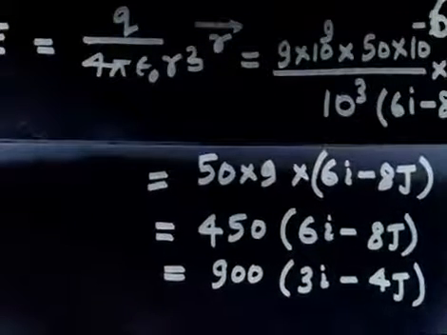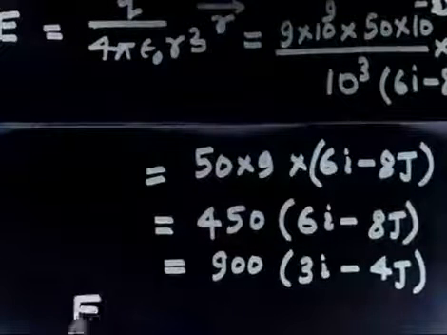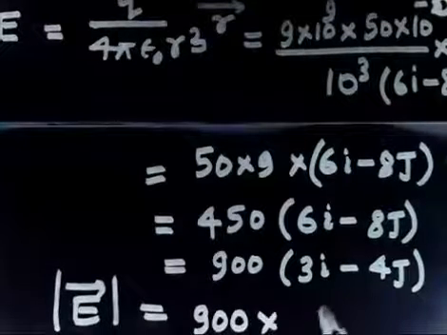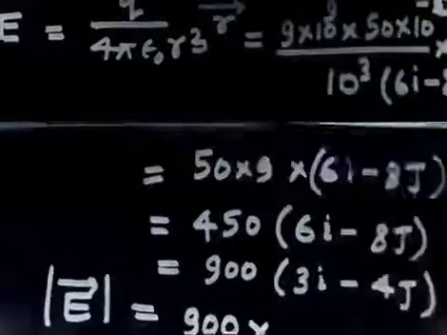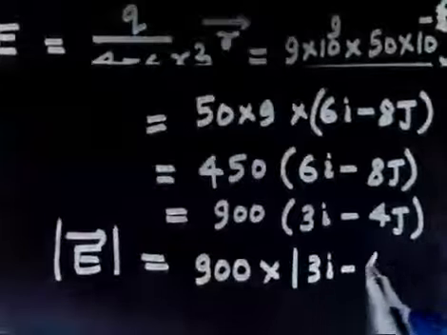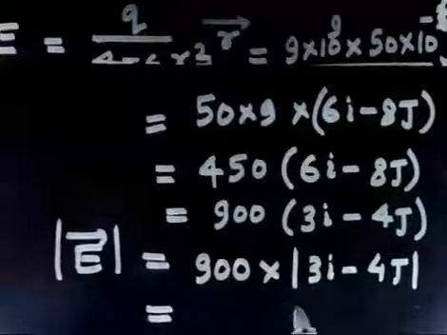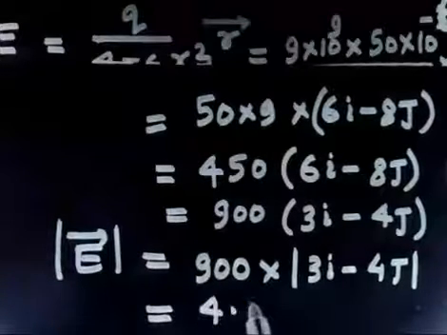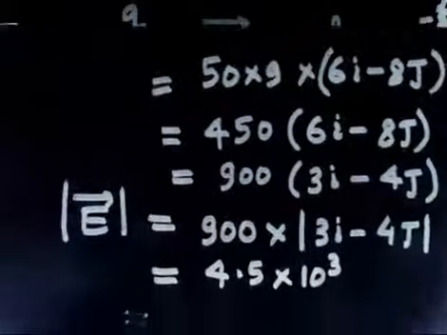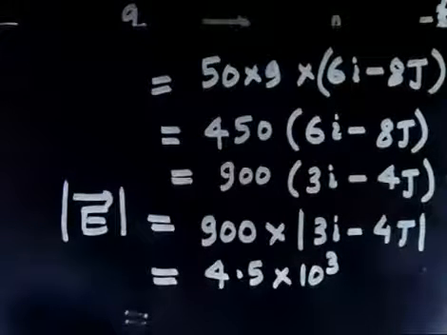If somebody asks for the magnitude of this electric field, it is 900 times the magnitude of 3i minus 4j. The magnitude of 3i minus 4j is the square root of 3 squared plus 4 squared, which is 5. So 900 into 5 is 4500, that is 4.5 into 10 to the power 3. This is the magnitude of the electric field, in volt per meter.